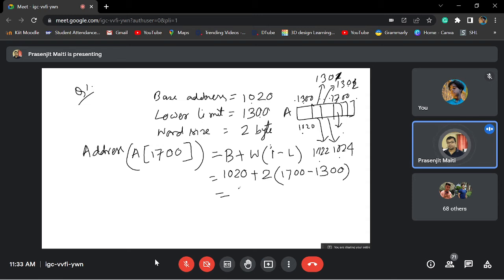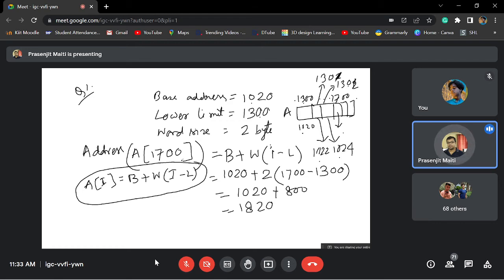So if you calculate, 1020 plus 400 into 2, which is 800, so 1820. The formula is A[I] equals B plus W into (I minus L). Okay, this is the formula.